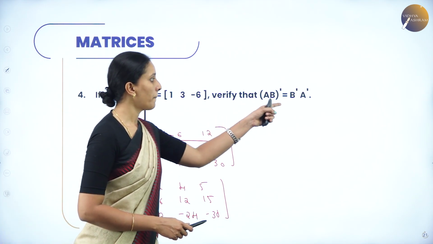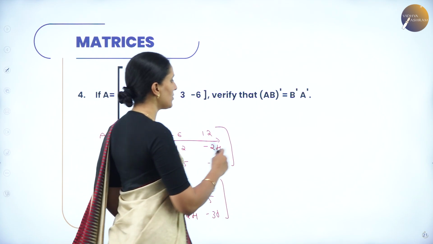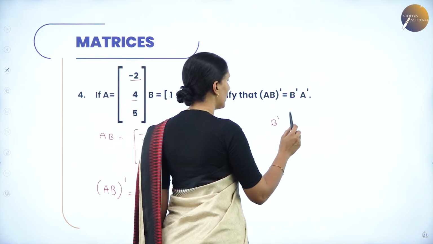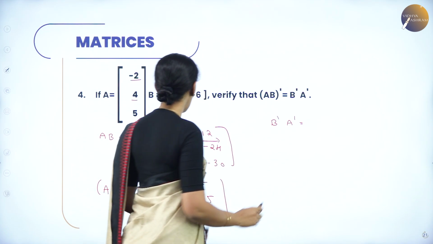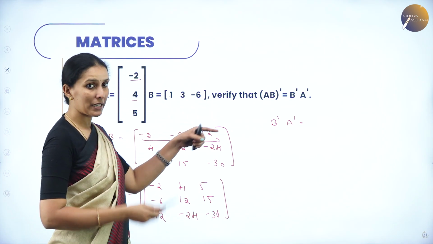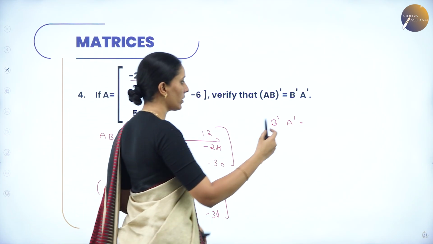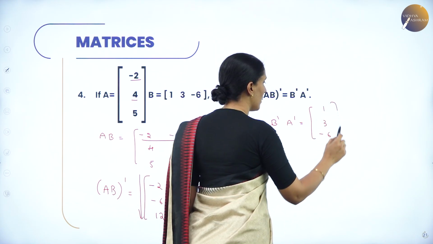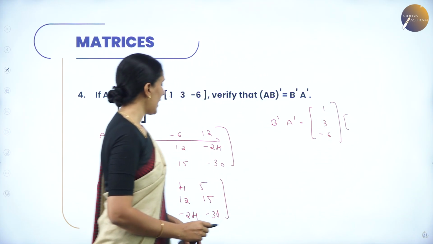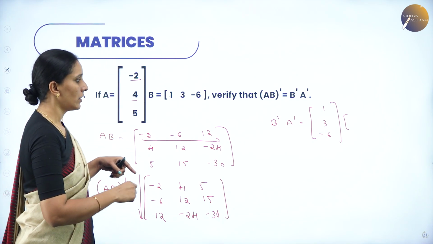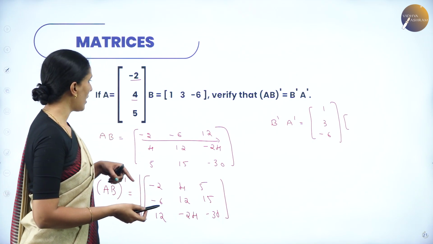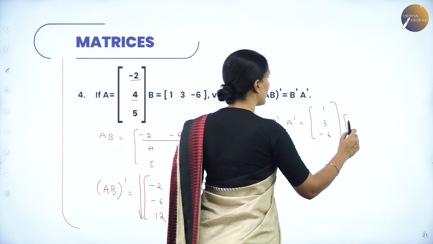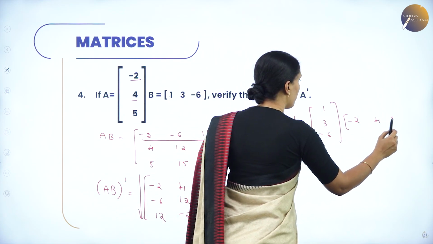Now let's check B dash into A dash. So let's write what is B dash here as well as A dash. So we have B here, that is 1, 3, minus 6. It's a row matrix. So its transpose will be 1, 3, minus 6 as column. Next, A dash, it's a column matrix. So therefore, after transposing, it becomes a row matrix, that is minus 2, 4, 5.